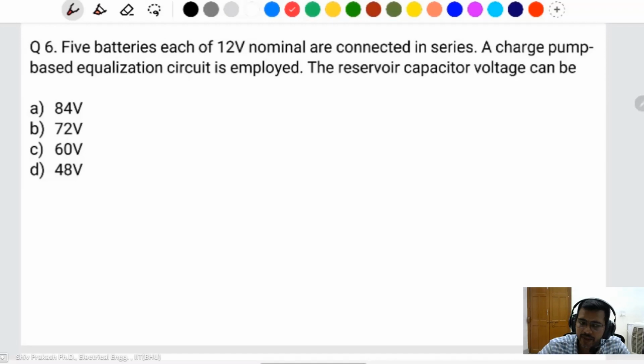A series connected battery, if many battery is connected in series, then charge equalization is a problem because of there is some chemical. This is the battery is the chemical storage. That means some chemical reaction and some elements are different.